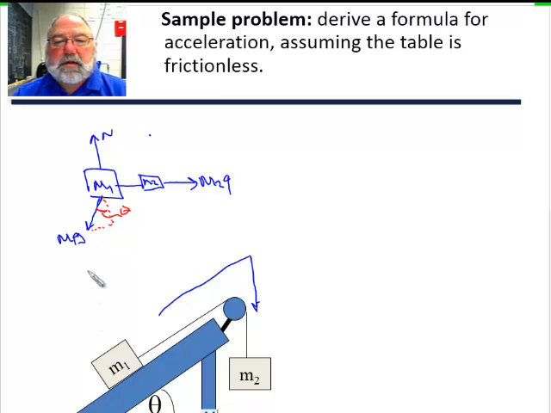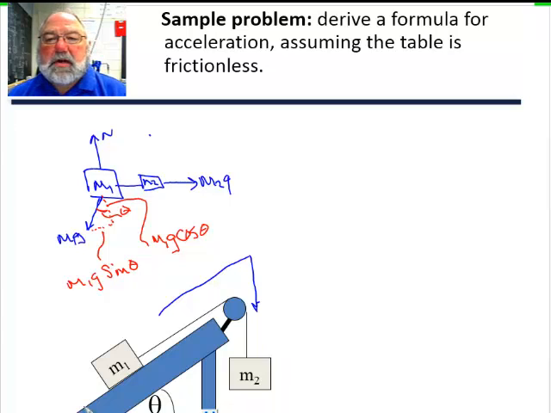The vertical component of gravity is m1g, the side adjacent to the angle, cosine theta. And the side opposite is m1g sine of theta.